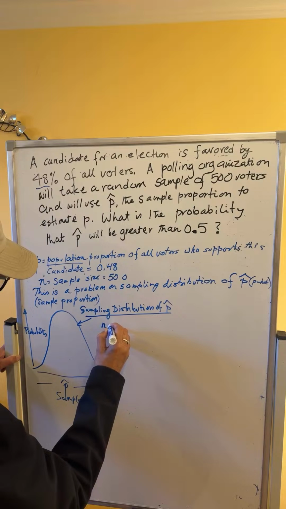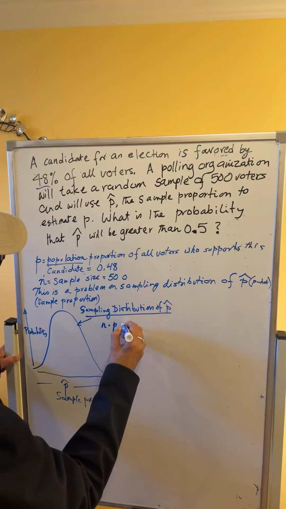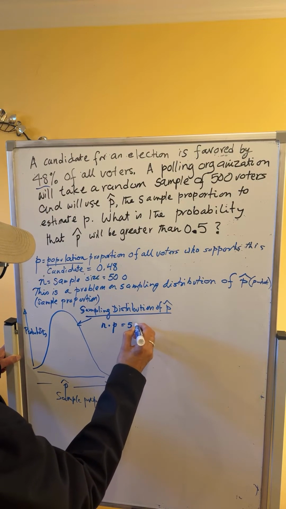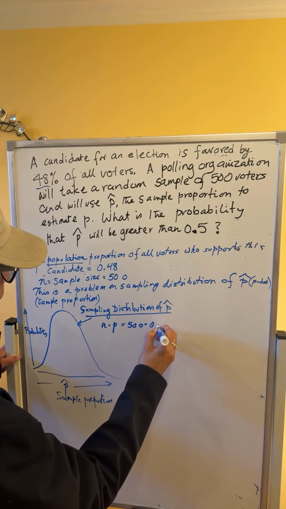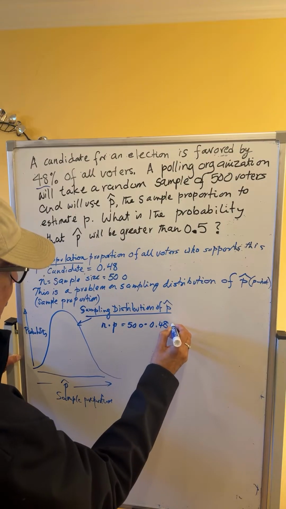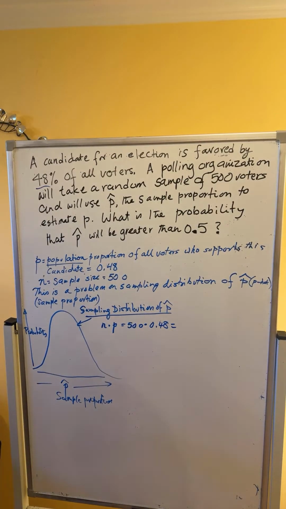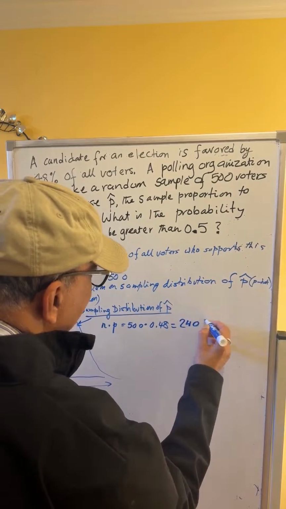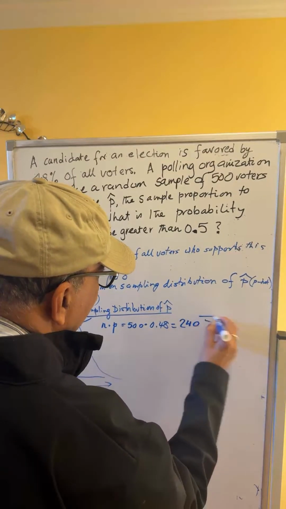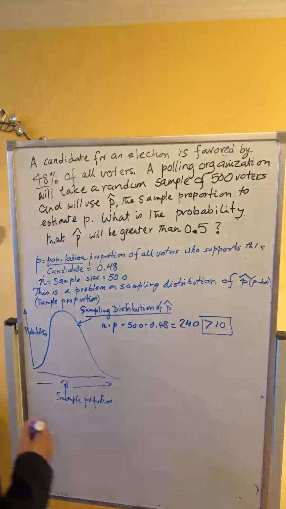n times P. Remember, our n is 500 and our P is 0.48. So we will use our calculator and calculate 500 multiplied by 0.48, which is 240, and that has to be greater than 10.